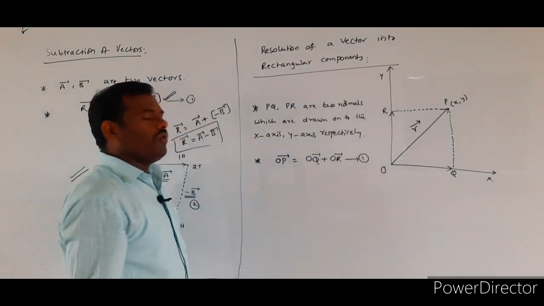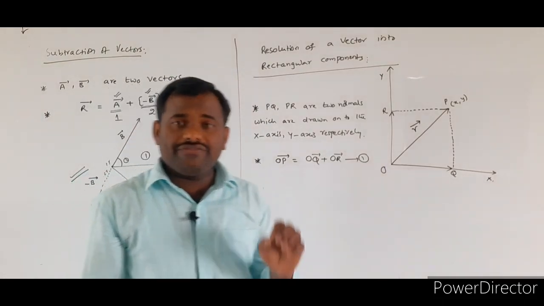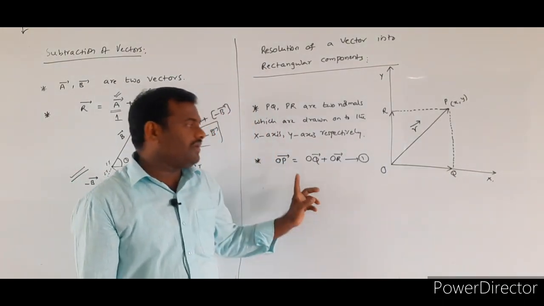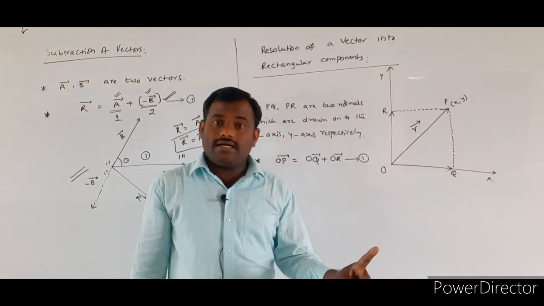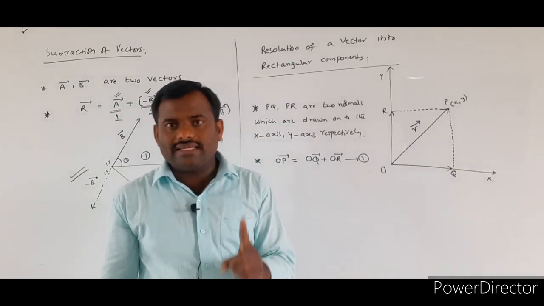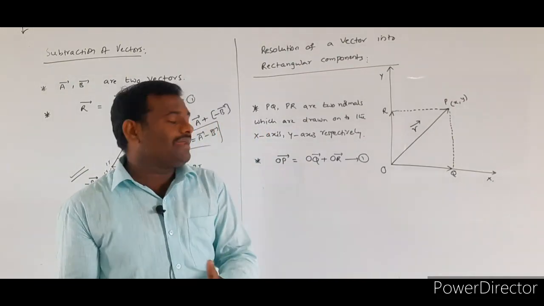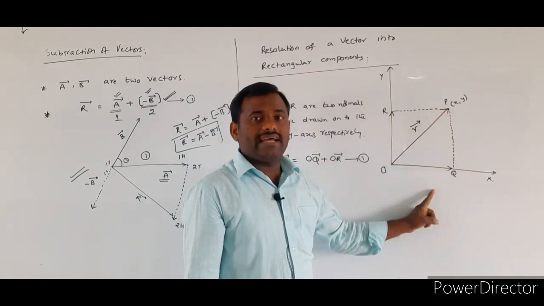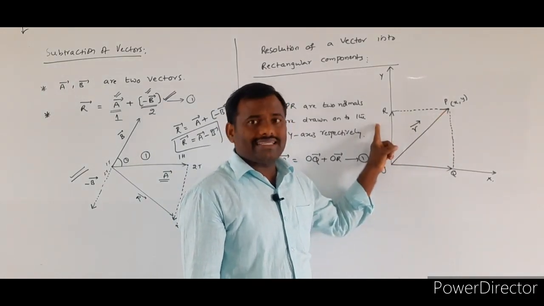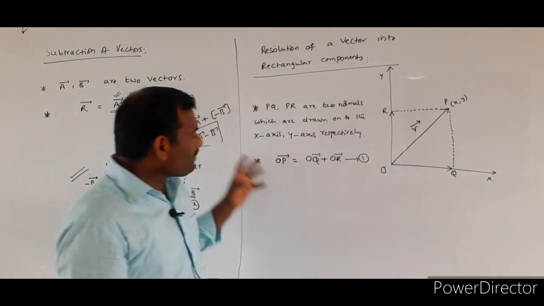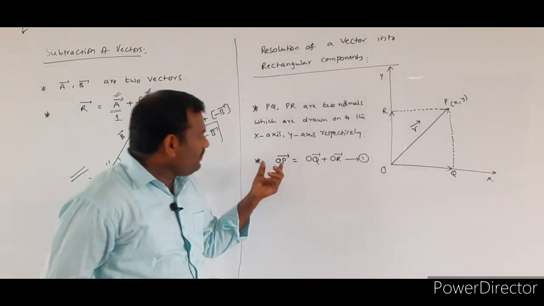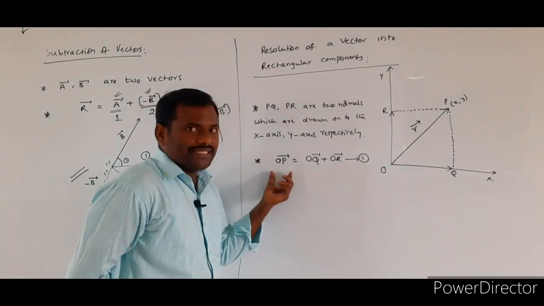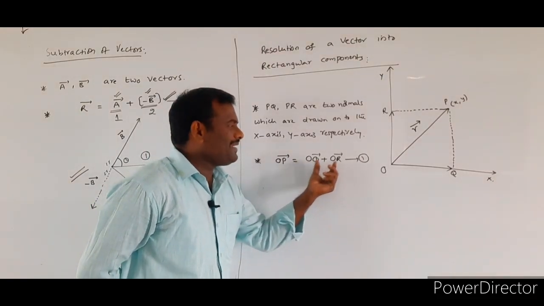By using which principle are we writing that equation? By using the parallelogram law of vectors. So this is indicating the diagonal. This is the side of the parallelogram. It is also a side of the parallelogram. So from the parallelogram law of vectors, we are writing that OP bar is equal to OQ bar plus OR bar.